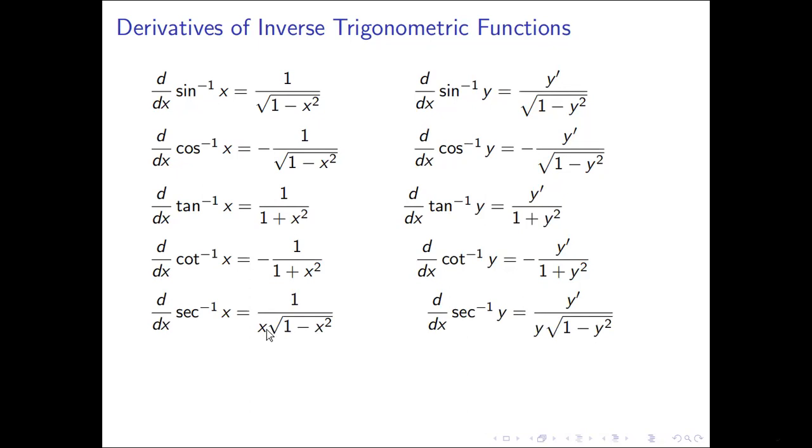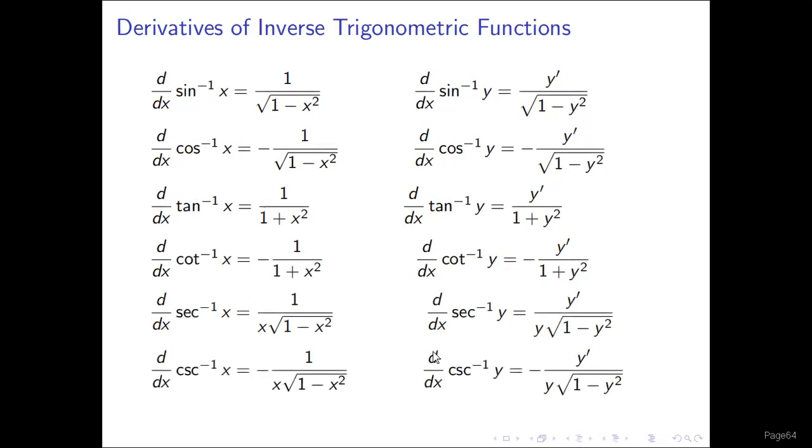Then y prime is added for the general case. For cosecant inverse, just a negative again. So just commit them to memory, or for now list them down on an index card.